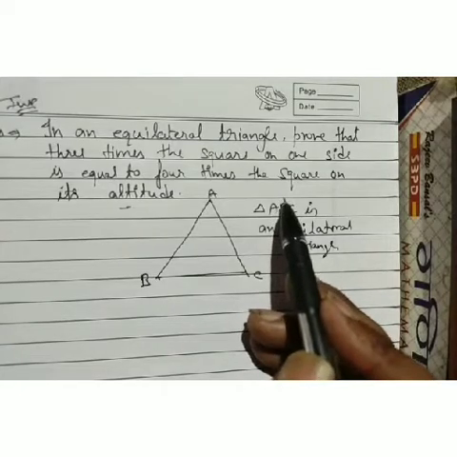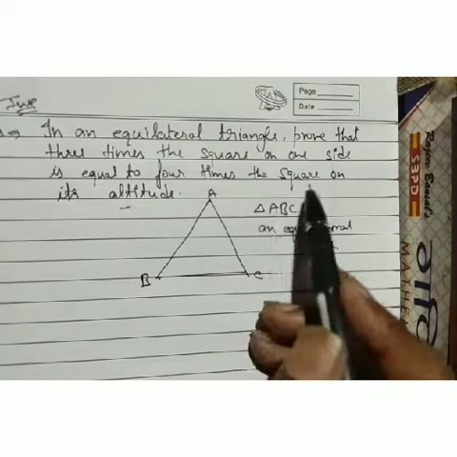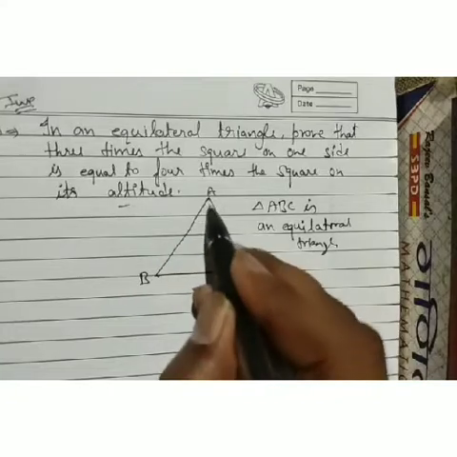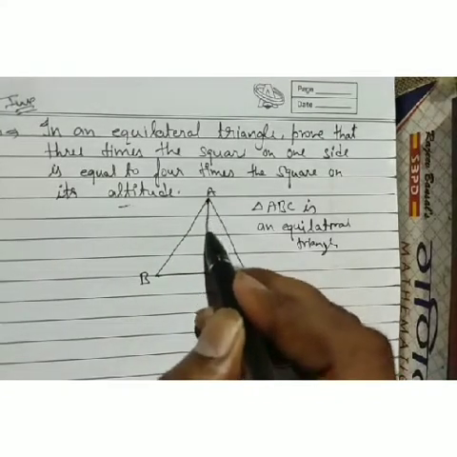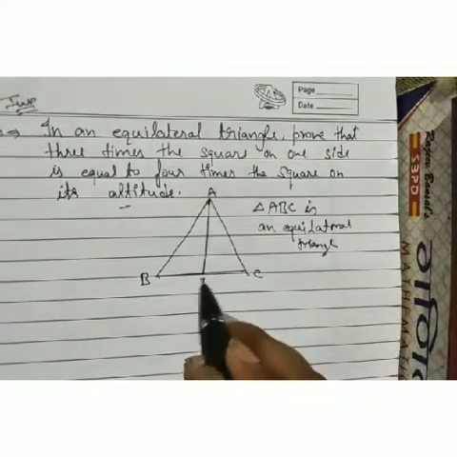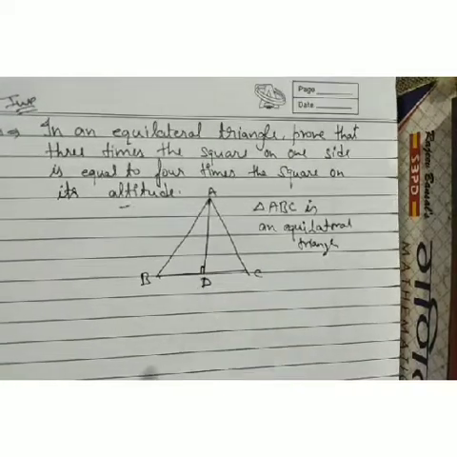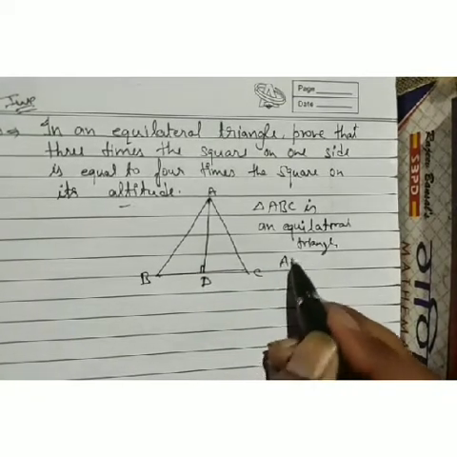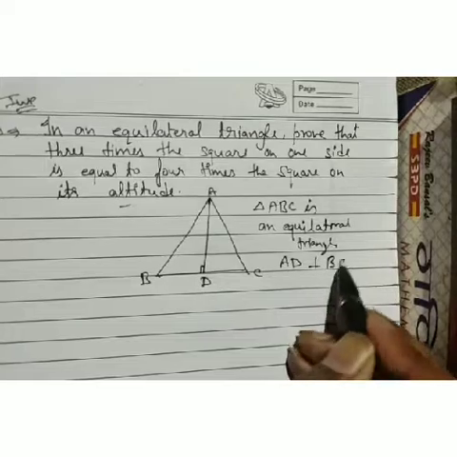We need 4 times the square on its altitude, so we need an altitude. Now we draw an altitude AD perpendicular to BC.